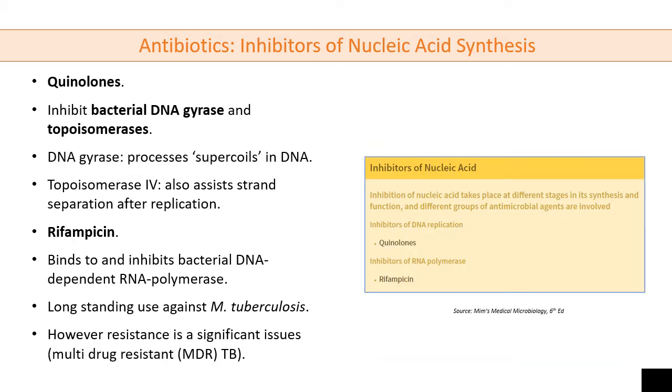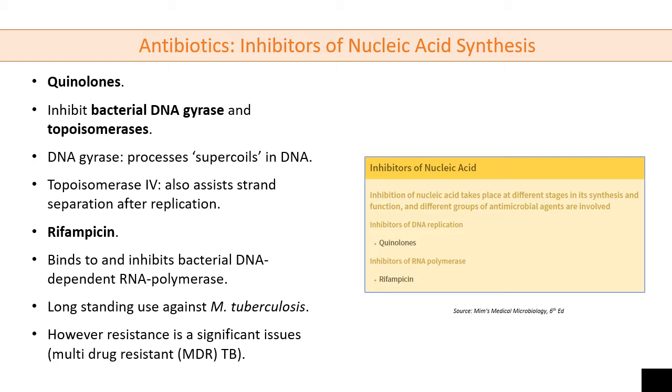We also have inhibitors of nucleic acid synthesis. Again, as you're seeing, we're talking about really core fundamental cellular processes: protein synthesis, cell wall synthesis, nucleic acid synthesis. This is why antibiotics are so effective at disrupting bacterial reproduction and/or survival, because they are inhibiting key, important, crucial processes within the bacteria.